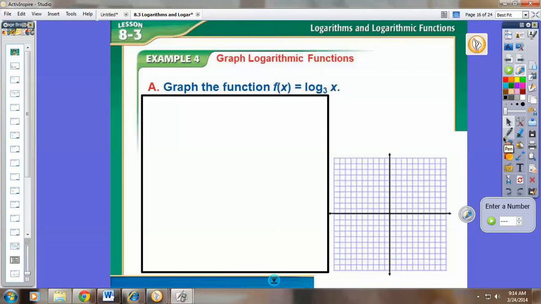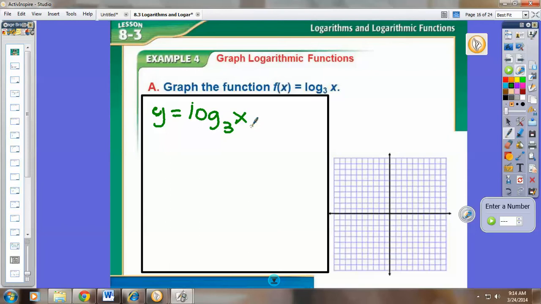What does f of x really mean? I'm going to start by replacing f of x with y. At this point, we have no idea how to graph a logarithmic function, do we? No. But we do know how to graph an exponential function. So let's change our log to exponential.